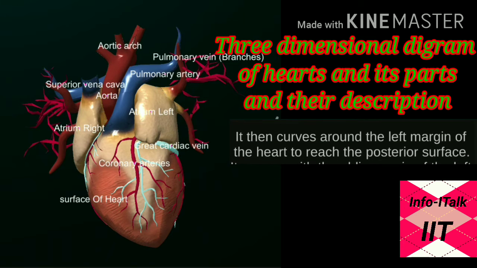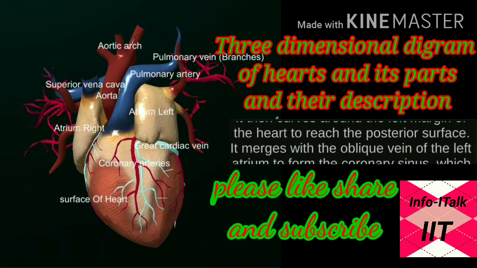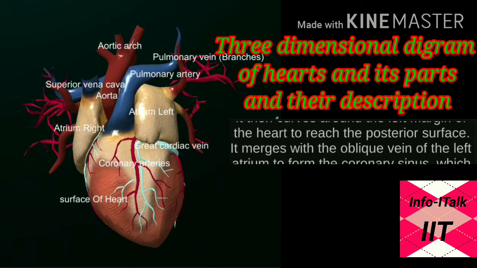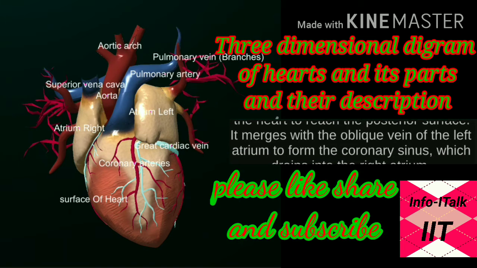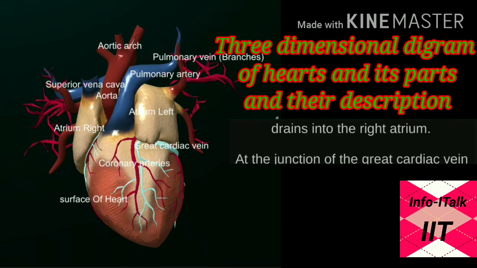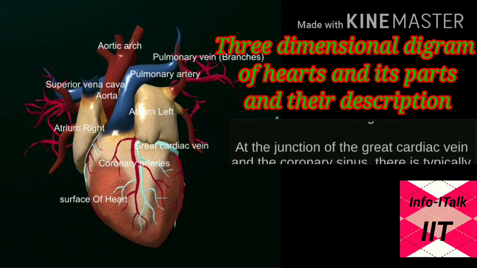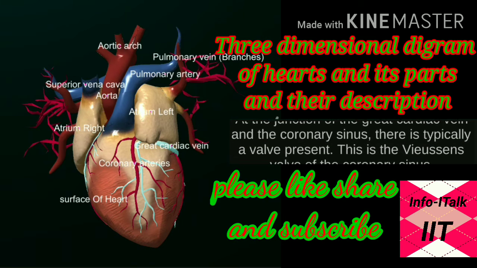It then curves around the left margin of the heart to reach the posterior surface. It merges with the oblique vein of the left atrium to form the coronary sinus, which drains into the right atrium. At the junction of the great cardiac vein and the coronary sinus, there is typically a valve present.